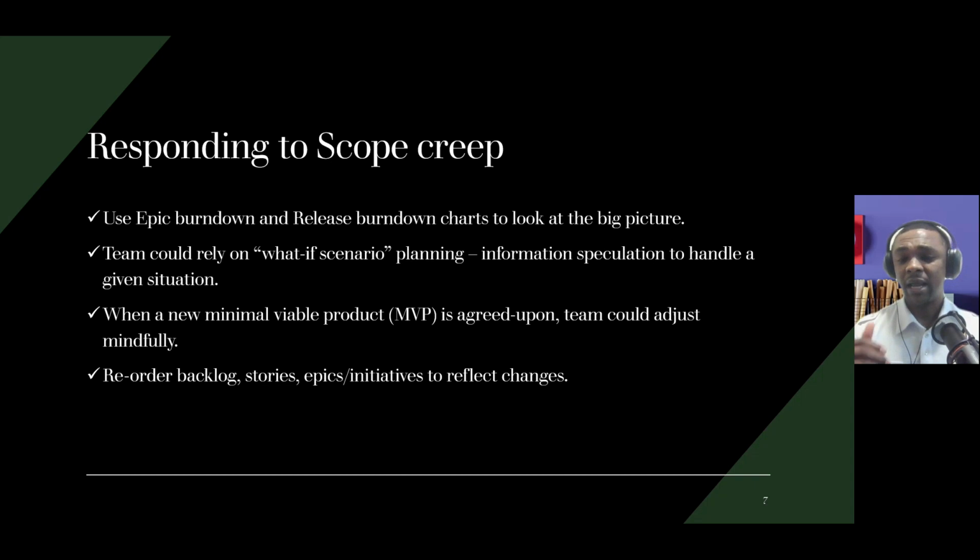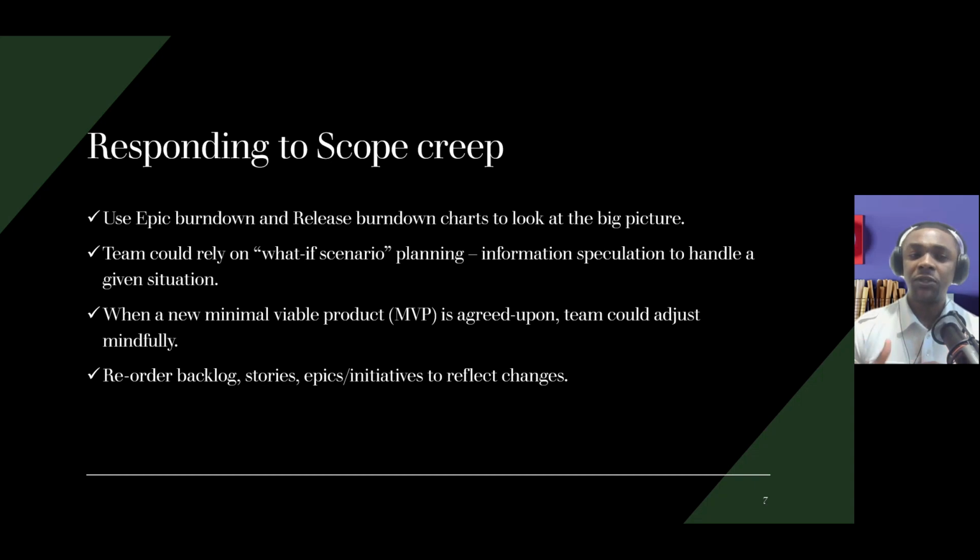We have a lot of metrics in Jira or in Azure DevOps. Those metrics could help in order to manage or contain this situation. So using epic burn down charts or release burn down charts could also go a long way in helping to identify and share your concerns with whoever should be aware of the situation.